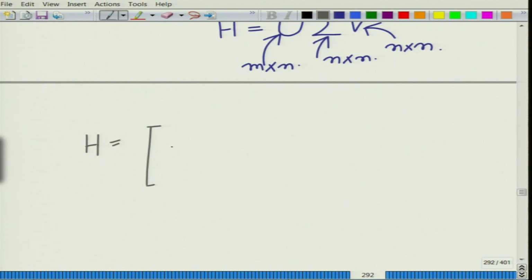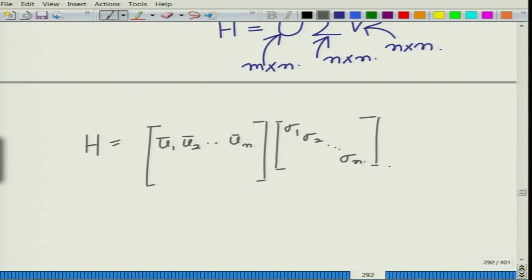So you have the m cross n matrix U, so that is u1 bar, u2 bar, un bar, so it has n columns. Then you have the diagonal matrix sigma 1, sigma 2, sigma n, which is n cross n, and then you have V Hermitian, which comprises the rows v1 bar Hermitian, v2 bar Hermitian, vn bar Hermitian.